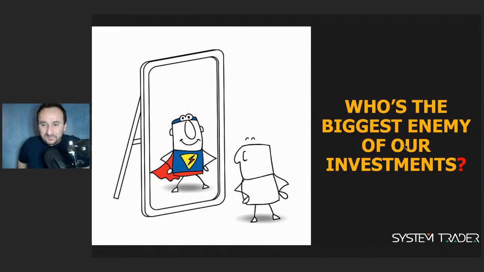And who's the biggest enemy of our investments? Well, in the morning, just look into the mirror and look at the person you see on the other side, and that's us. In fact, we are trying to find enemies on the markets and big problems there for our portfolio, but in fact, the biggest problem in investments is us. It's a kind of a game with our psychology, with our weaknesses.